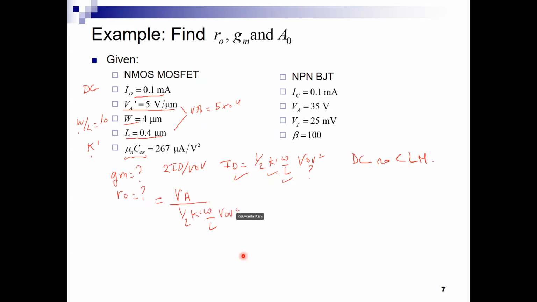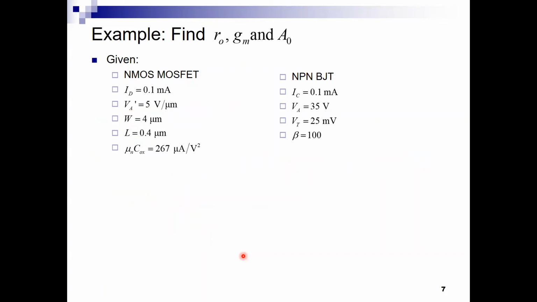So we're going to find RO this way. If I had a circuit and I knew what VDS is, and they told me to assume channel length modulation in DC, then I would have needed to solve for it differently. We will take examples later. Okay, so let me clear this now and let us look at what they're telling us.